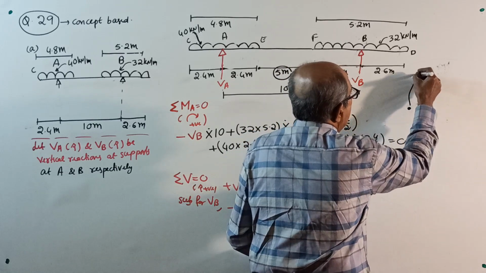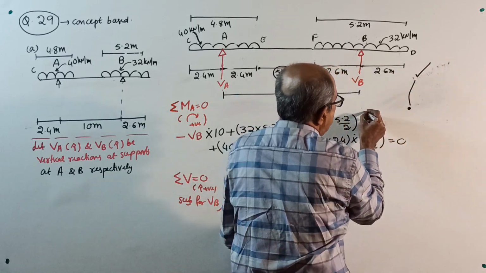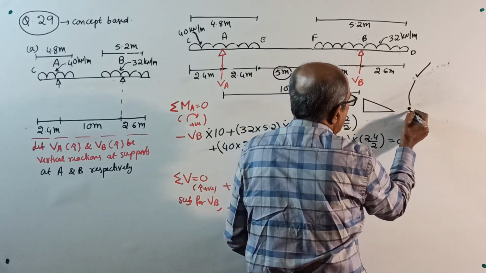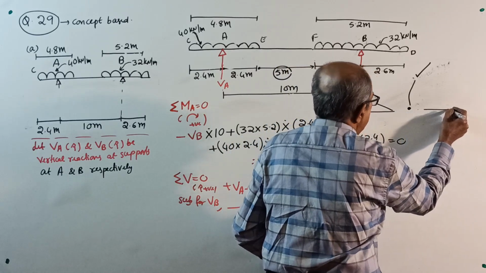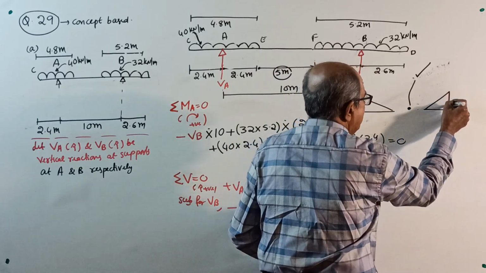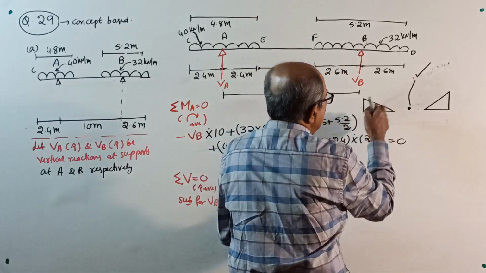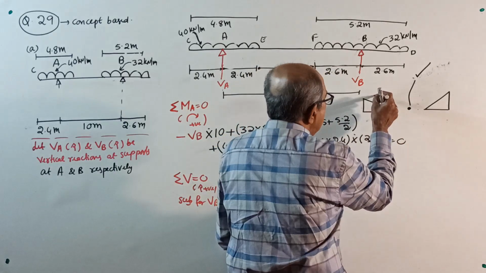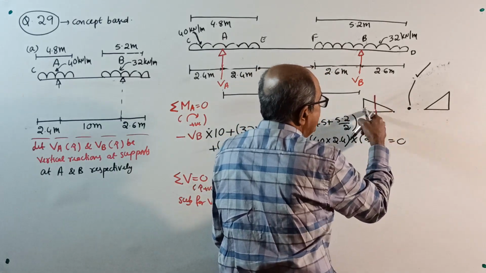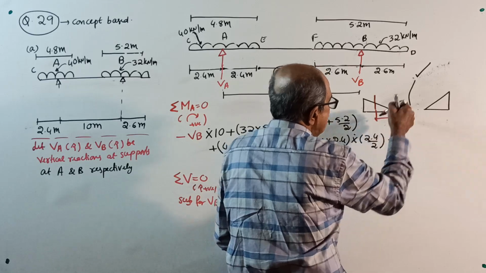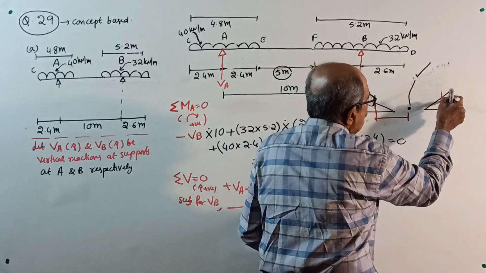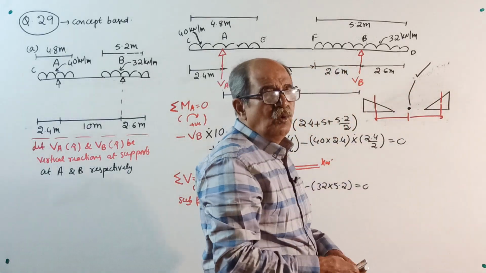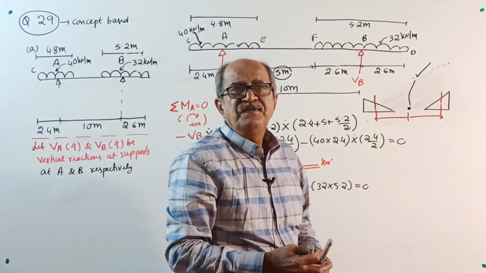If the uniformly varying load is like this, or any way, no problem. If the load is entirely on one side, the total load, that is the area of the triangle, into this distance, is anti-clockwise. The total load here into this distance is clockwise. So if the load is to any one side, there is absolutely no problem.